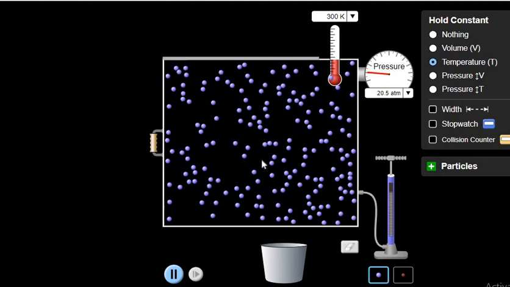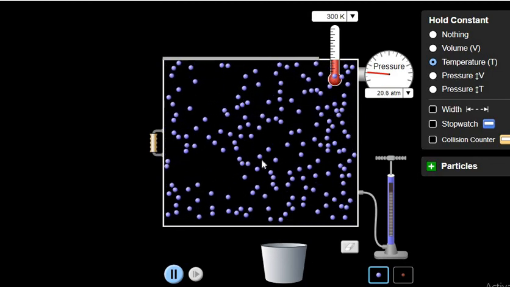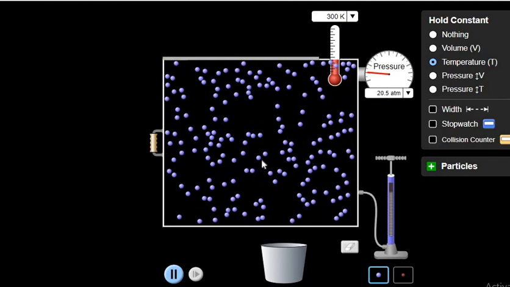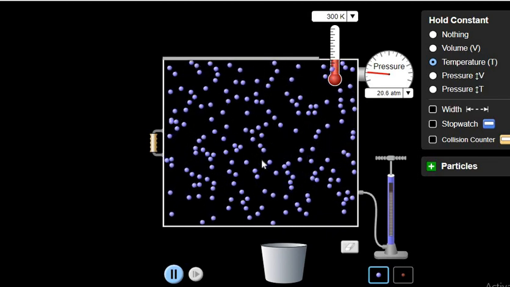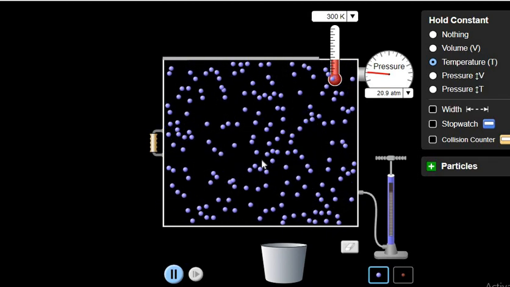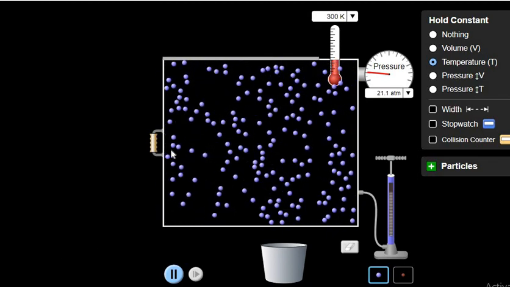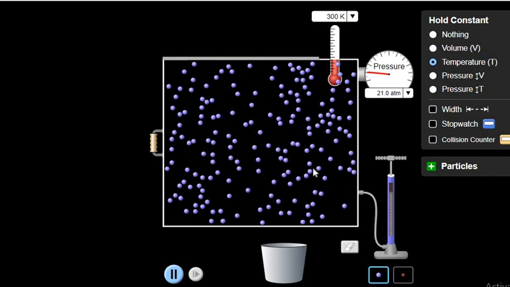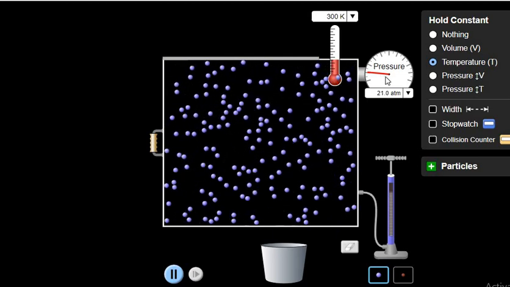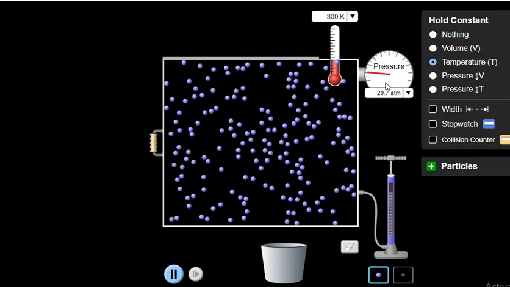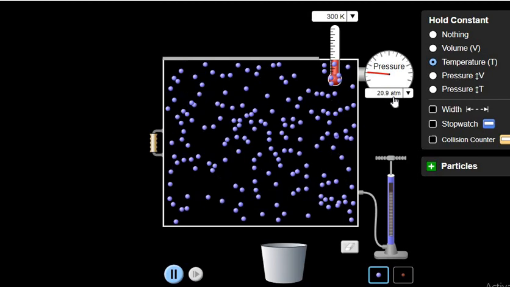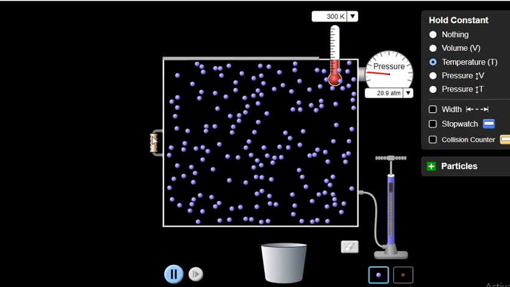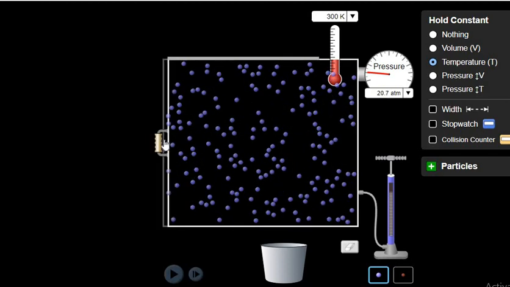So here inside the container I have particles. And now we can study the relation between pressure and volume. Now, these are the particles and this is the pressure. I want you to look at the reading of this pressure when I change the volume.